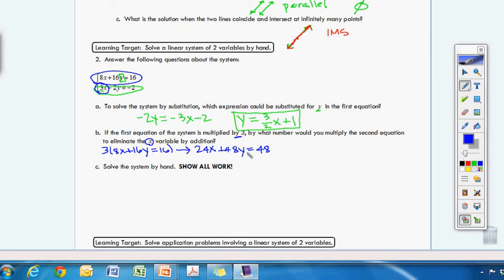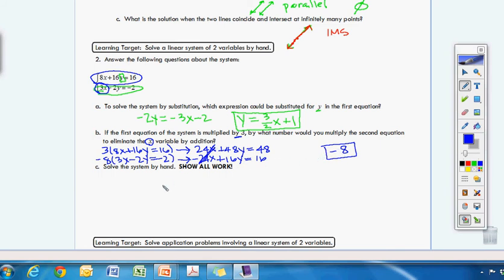That means I need to multiply my second equation by negative 8. I'll just double check everything. If I have negative 8 times 3x minus 2y equals negative 2, this would turn into negative 24x plus 16y equals 16, and therefore these would cancel out. So your answer here is negative 8.